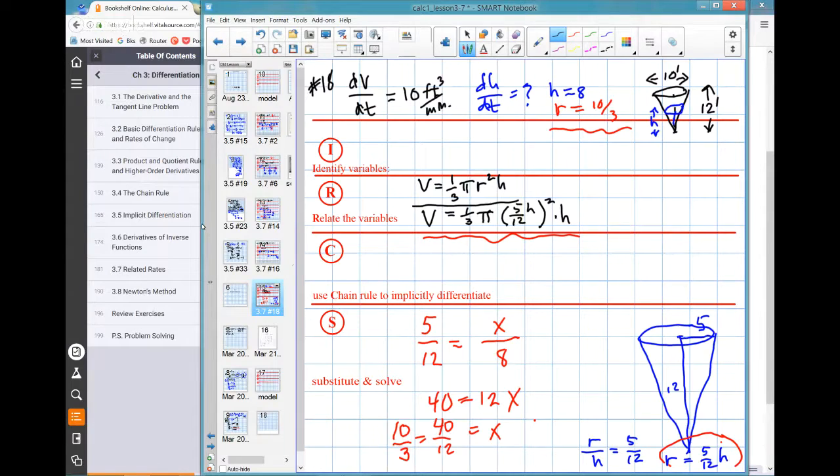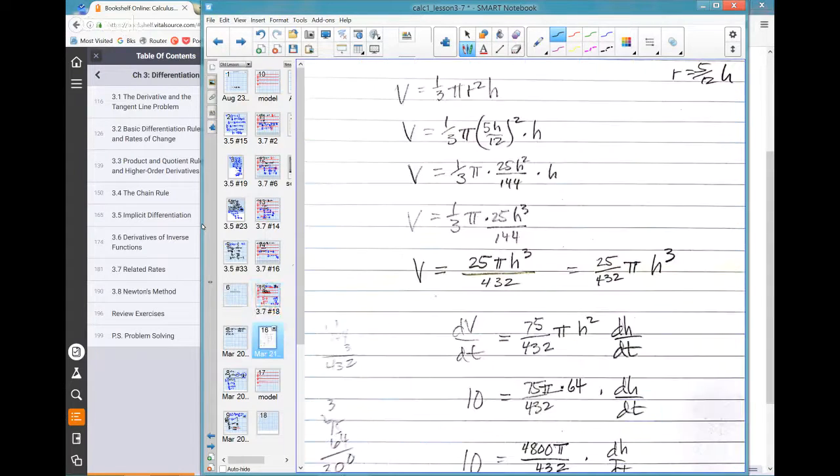Now I needed the space, so I went onto this piece of paper. Here again, I made the substitution that we were talking about on the last page. I put in 5/12h for r. When you square it, you get this, and then you can put that together. 25h squared times h is 25h cubed.